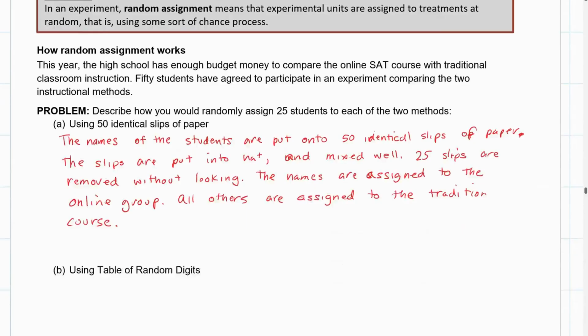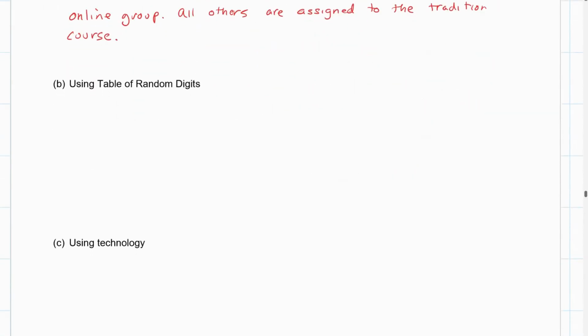But that's not the only way we could do random assignment. We could use a table of random digits. In this case, assign each student a number from, now there's 50 of them, so we'll assign them the numbers from 01 to 50.